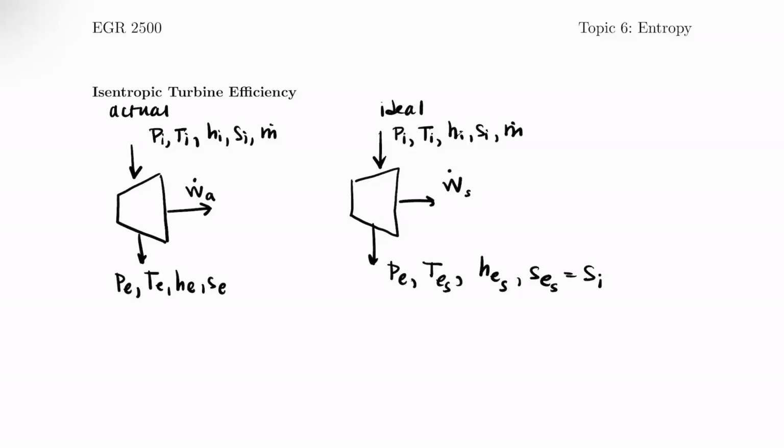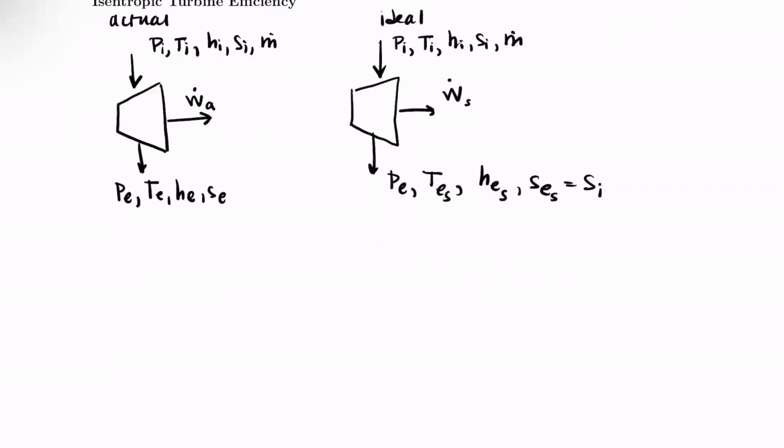All right. So if we neglect changes in kinetic and potential energy, we're going to assume the turbine's adiabatic, which we already said at the beginning of this, and that it's steady state. Then we can reduce our energy equation to the following.